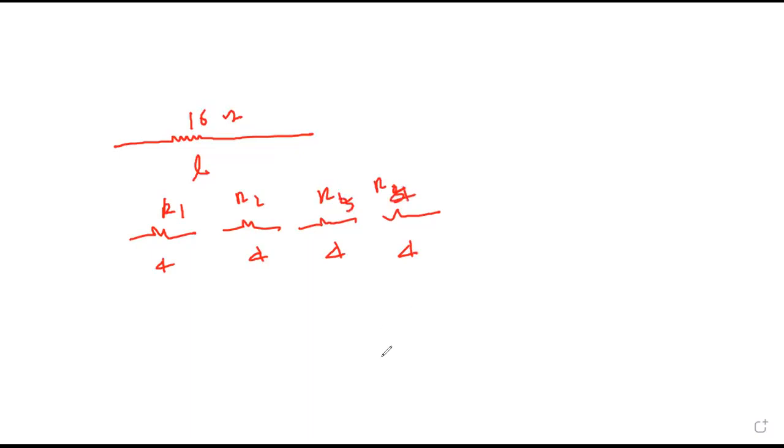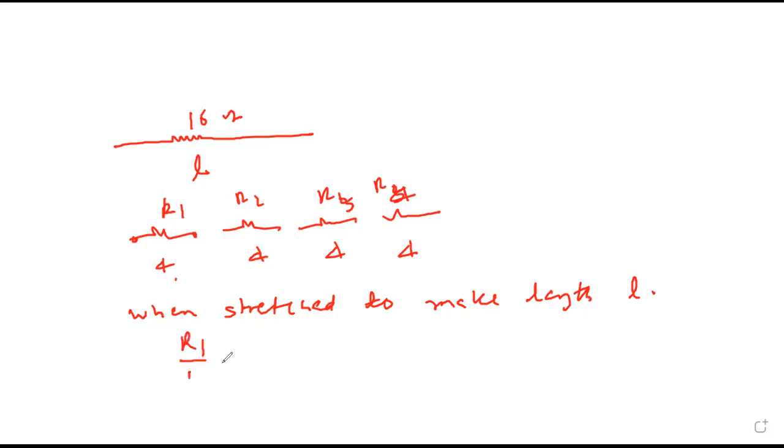Each part is then stretched uniformly to length L and all the 4 parts are connected in parallel. Calculate total resistance of the combination. So this is first cut before stretching, it is 4. When stretched to make length L, then R1 upon R2, meaning R old upon R new, or I can say R1 dash for first wire, will be L1 upon L2 the whole square.